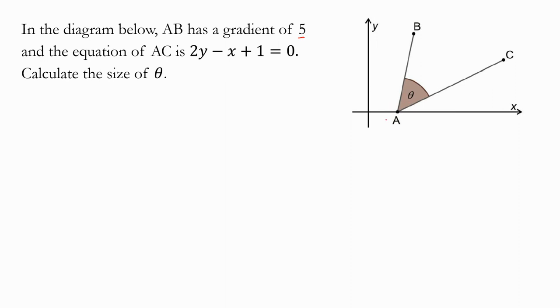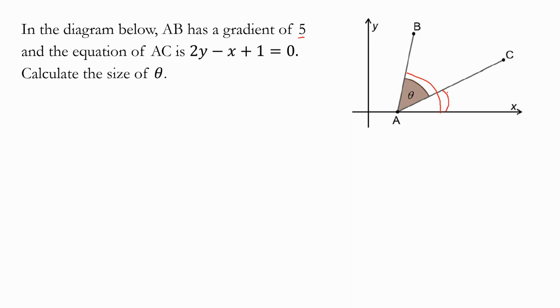Now we need to find the angle of inclination of AB, which is this big angle. Then we find the angle of inclination of AC, which is this angle here.